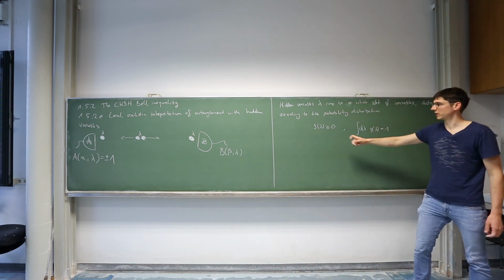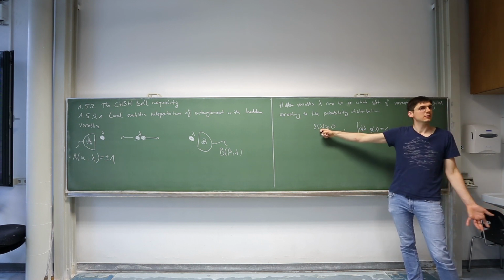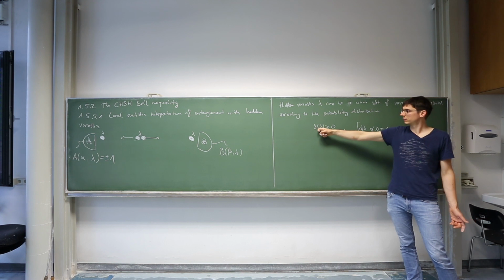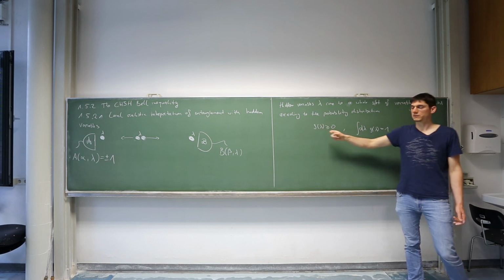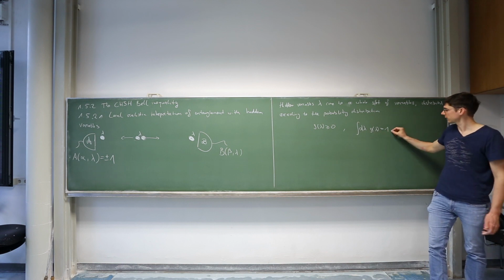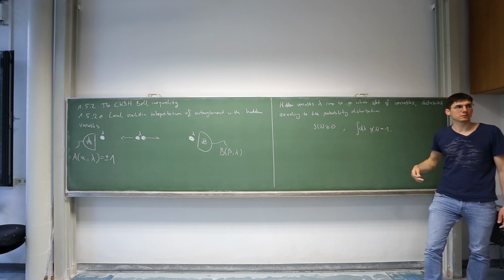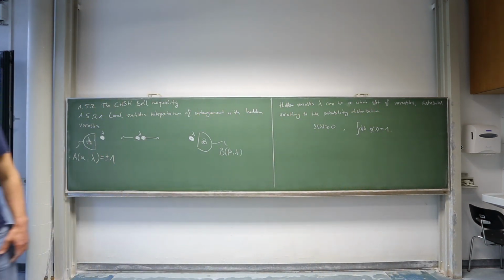So rho of lambda can describe either a single variable or a whole set of hidden variables, and it gives us the probability of this set of hidden variables lambda. It's just a distribution: how are my hidden variables distributed? This is a very general point of view of such hidden variables. This is equation 1.59.